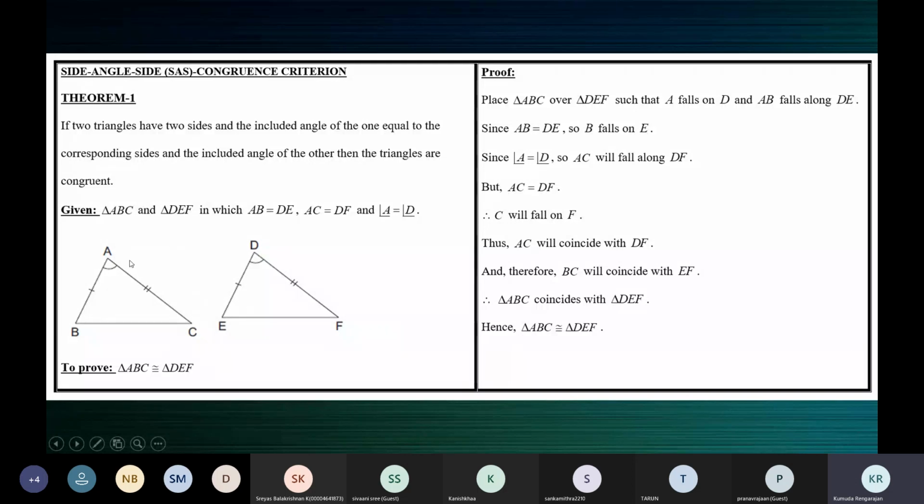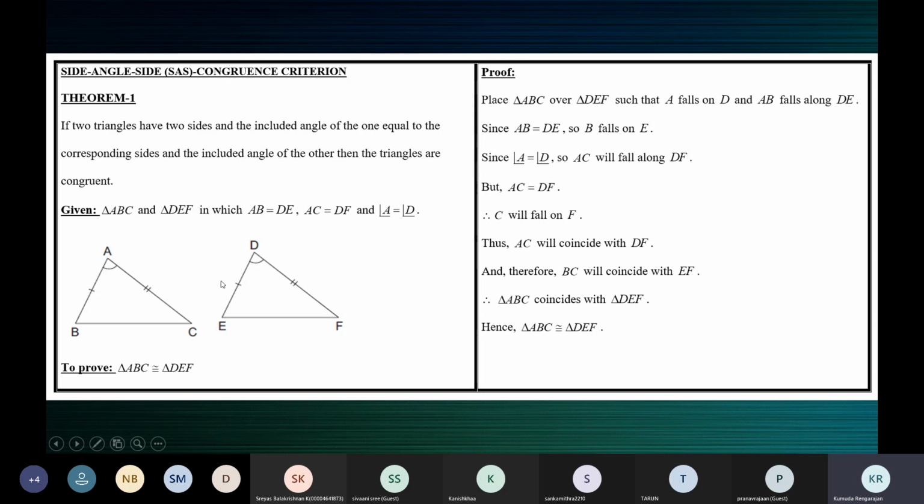Now on the other side, with the sides AC and DF, angle A is equal to angle D. That means this opening is the same. See, when there's an angle, there's a mouth. Since angle A is equal to angle D, AC will automatically fall on DF because the opening is the same here and here.